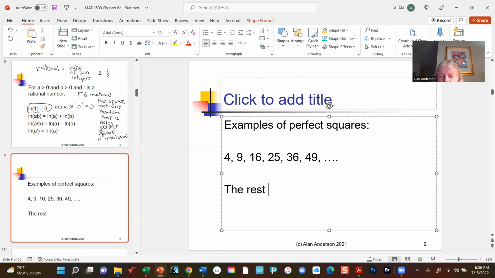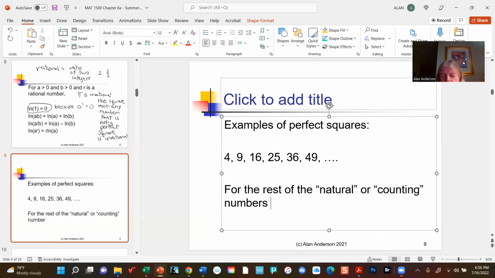The rest of the natural or counting numbers, actually, what I should say is for the rest, such as 3, 5, 17, 22, the square root is irrational.